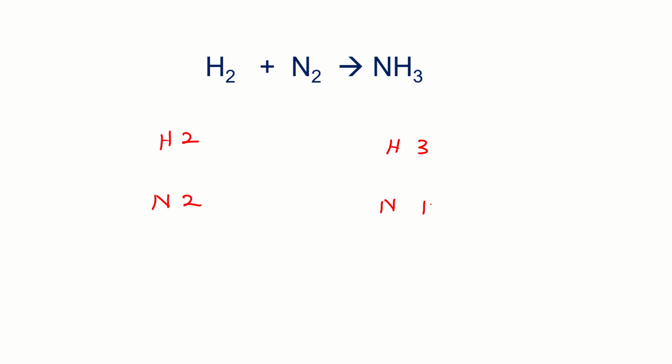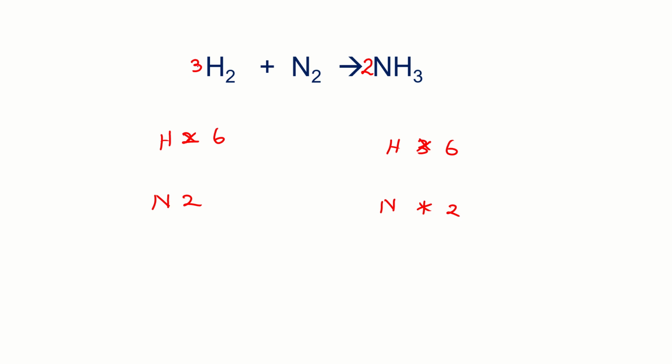So let's bring it to 2. If you're turning it to a 2, then you need to put the coefficient 2. When you put that coefficient 2, 2 multiplied by 3, this hydrogen turns into a 6. You need to have 6 hydrogen on the reactant side as well. If you want to have 6, what should your coefficient be?